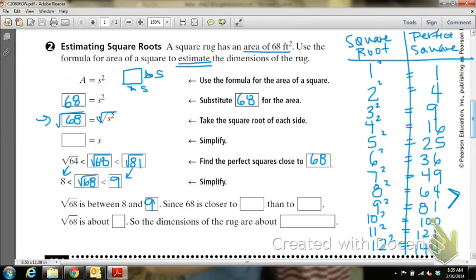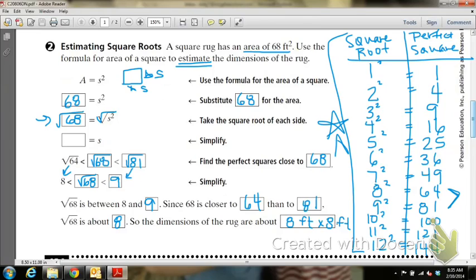Now 68 is much closer to 64 than 81, so we'll say that the square root of 68 is about 8, because it's closer to the 8. So the dimensions of the rug are about 8 feet by 8 feet. Okay, we're estimating. I know that 8 times 8 is not 68, but it's really close to 68, so we're using the nicer numbers. Let's pause the video and make sure you copy this table down. Okay, that's important. I'm going to expect you to know those, so make sure you write those down.